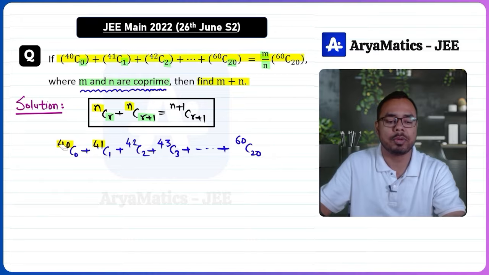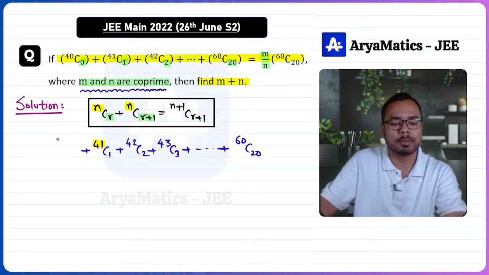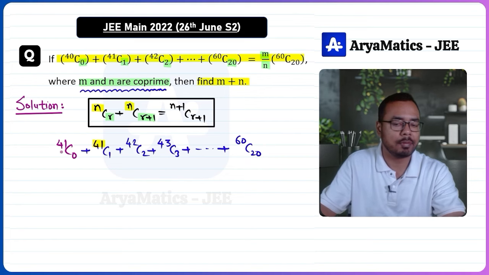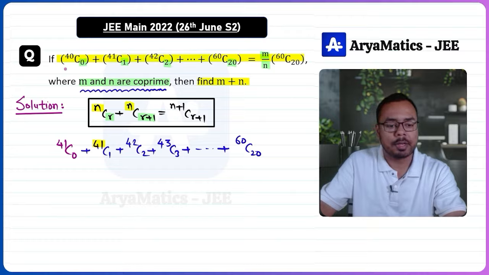So for that, we are going to use one interesting trick: 40C0 will be the same as 41C0. Right, 40C0 or 41C0, those two are the same, and their value is 1. nC0, whatever the value of n, is always 1. So instead of 40C0, I'm writing 41C0.